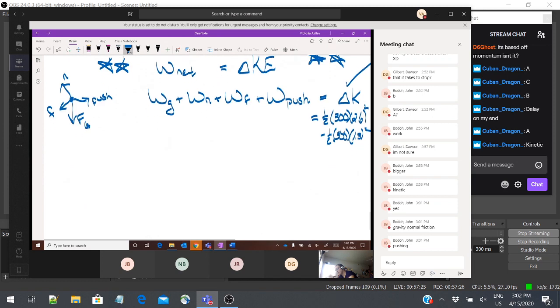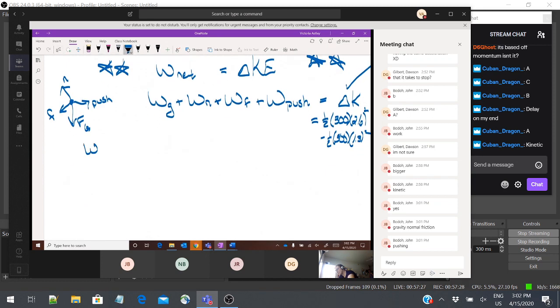So now let's see if I can fill in some of this other stuff. Work done by gravity, work done by normal, work done by push, work done by friction. If I find these three, I can solve for this one. So can you tell me any of these? One of these is super easy.